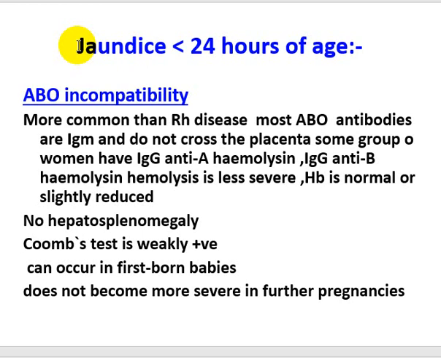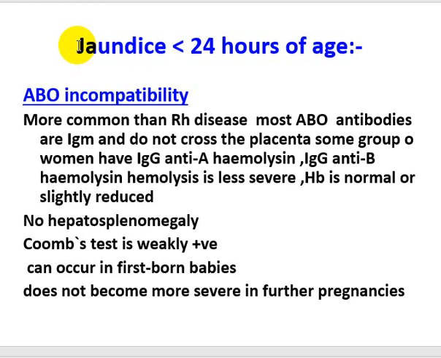Most ABO antibodies are IgM and don't cross the placenta, but some group O women have IgG anti-A and IgG anti-B hemolysin antibodies. These antibodies can cause hemolysis with antigens that are present on the RBC of the baby. But the hemolysis with ABO is less than that of Rh incompatibility.